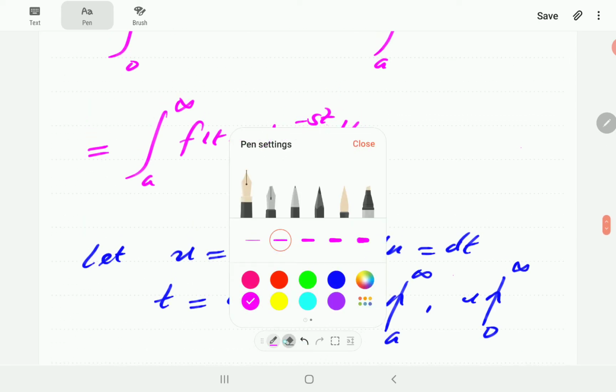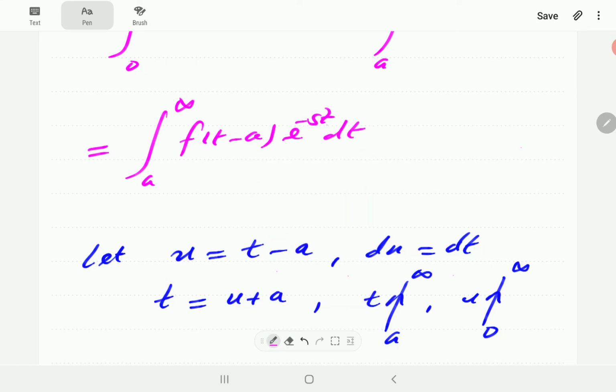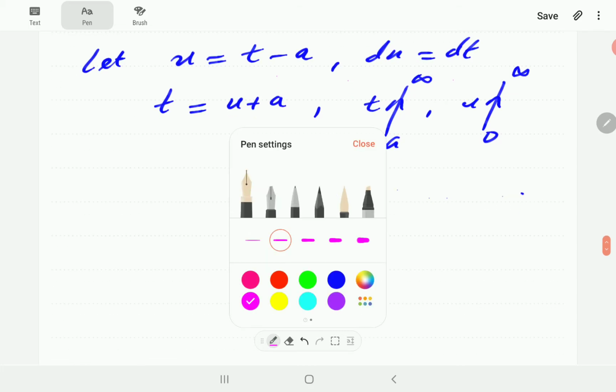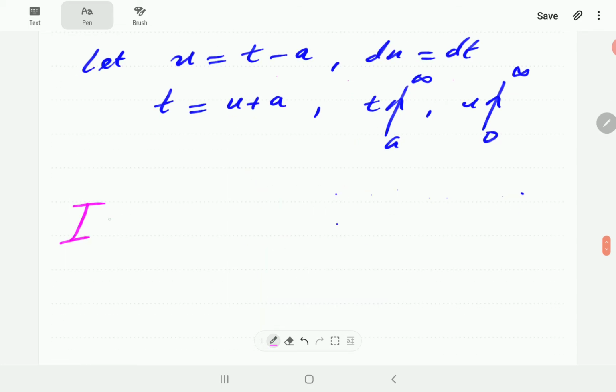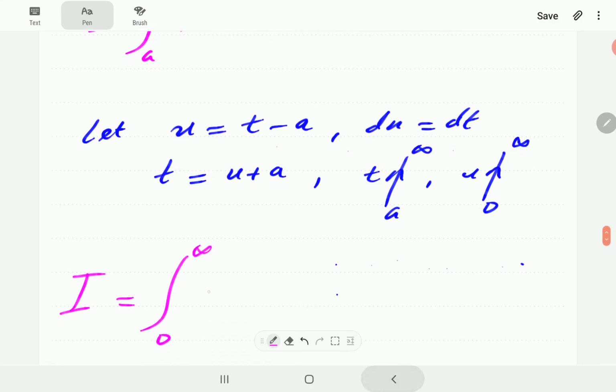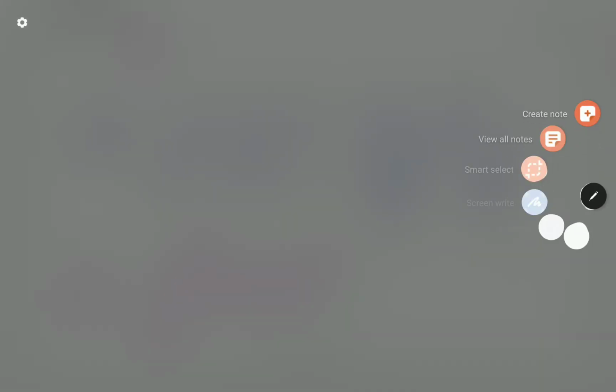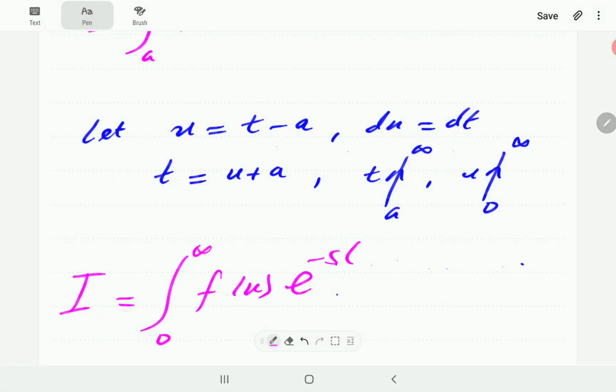So if we denote this I, our integral is now going to be the integral from 0 to infinity of f of t minus a, which is f of u, times e to the minus s times t. T is u plus a from here, and du is dt.